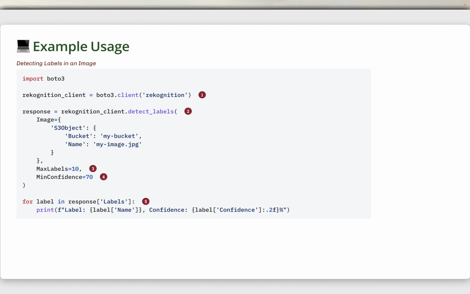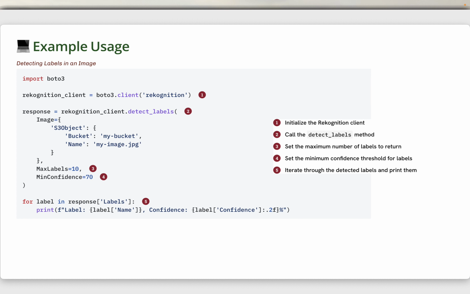This is one example code, so how it looks. This is a Lambda function. You will initialize the Rekognition API or library. You will have a Rekognition client, a boto3 client for Rekognition. Then you can just call rekognition client detect_labels.